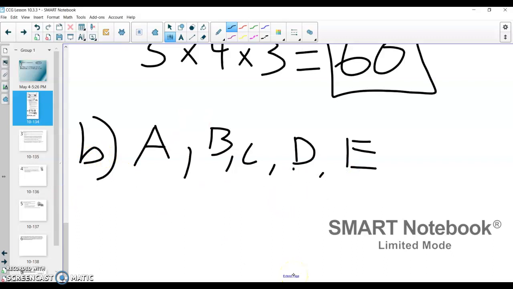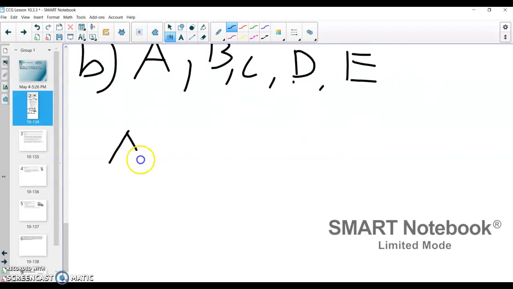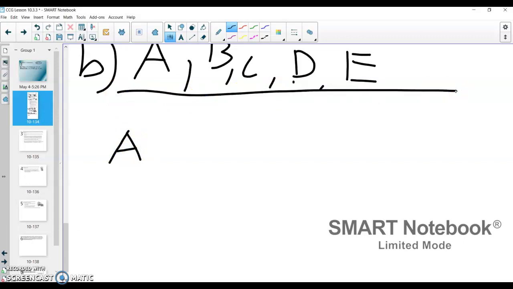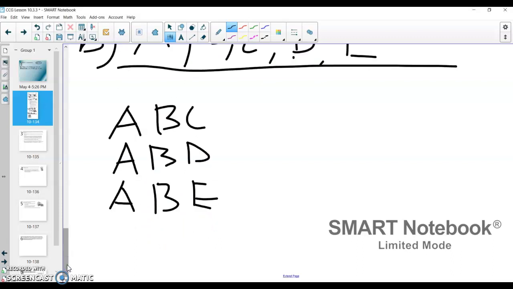The first one I'm going to do is the combination A. I'm going to separate this just because that's my list that I'm going to base it off of. So my first one is A, B, C. My second one is A, B, D, A, B, E. I'm going to extend my page a little bit here.